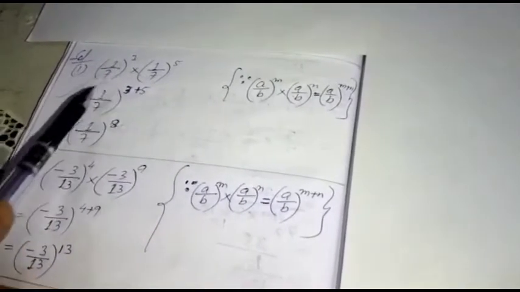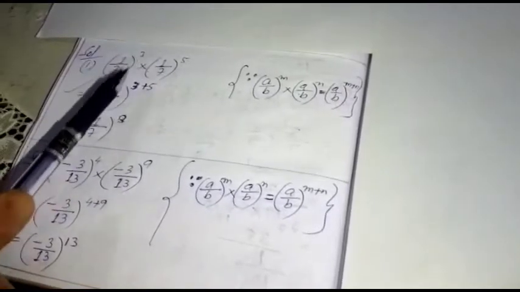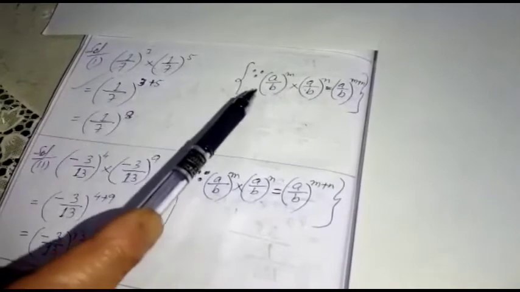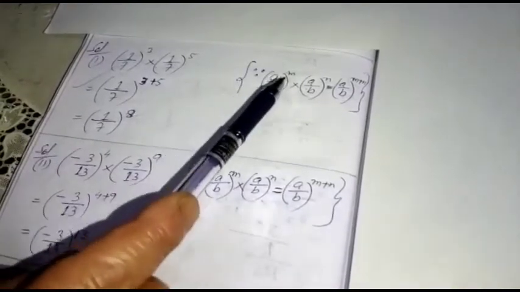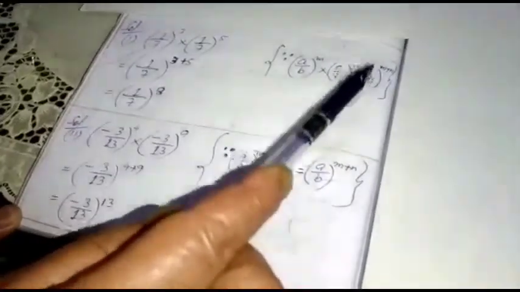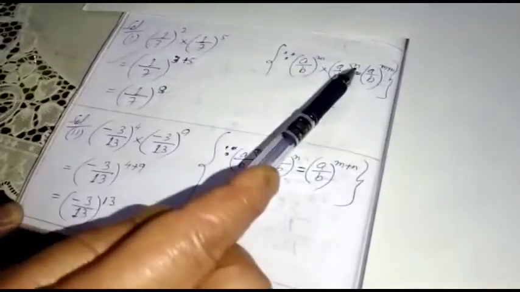So we take the base 1 by 7 as common, and the powers 3 plus 5 get added. It becomes (1/7) to the power 8. The formula is (a/b) to the power m into (a/b) to the power n equal to (a/b) to the power m plus n. As I said, because there is a multiplication sign between the common base with uncommon powers, the powers get added.